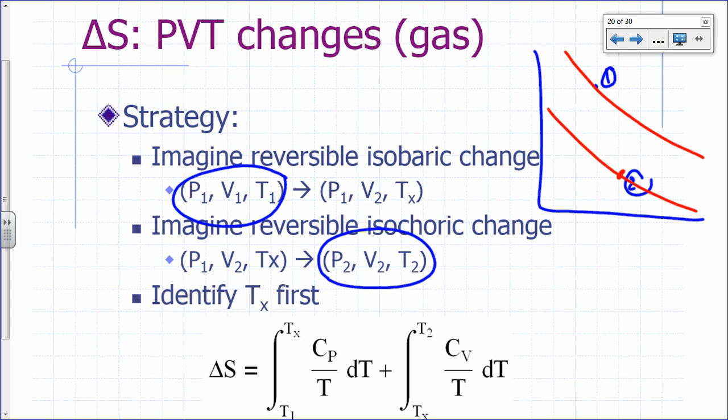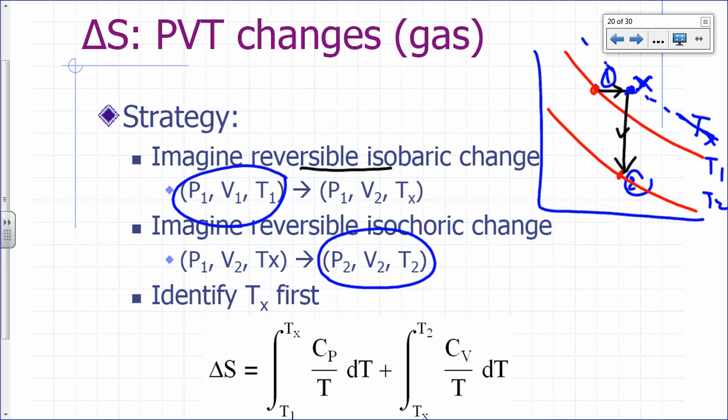What you can do is take a reversible isobaric change, let it expand to whatever your desired final volume is, and then you go isochoric, right? That's one way. You just have to determine the temperature for this intermediate point right here. Let's call this point X, so this isotherm is T sub X. This is T1, T2.